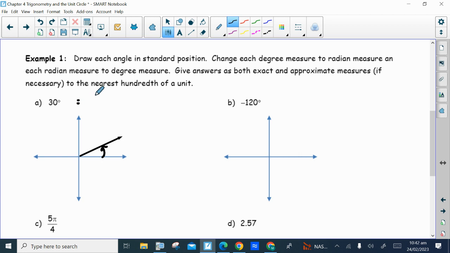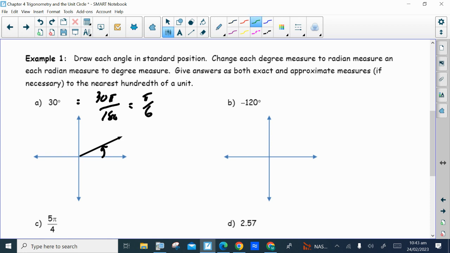So we would multiply by pi and divide by 180. And that expression can be reduced by dividing top and bottom by 30, which gives us pi on 6 radians, which we just saw on the previous page, that 30 degrees was the same as pi on 6 radians.